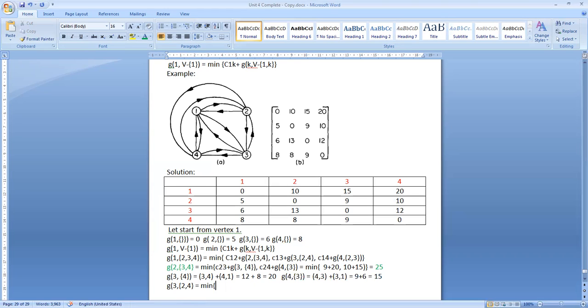So from vertex 3, I can go to C32 plus G of 2 comma, what is the remaining vertex? 4.